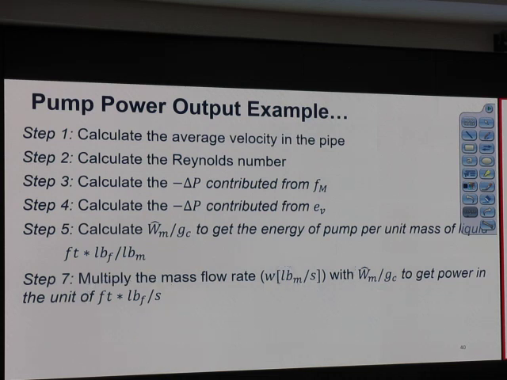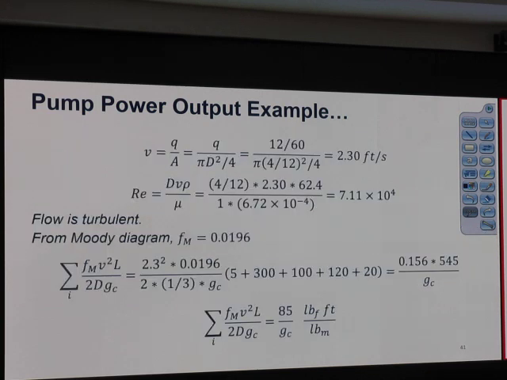Alright? So we get that term, we multiply it with the mass flow rate, then we get power in that unit. Later on we can convert that to horsepower. This is how we use the equation. Any question on this strategy? Any question you want to ask me? Okay, let's go through it.